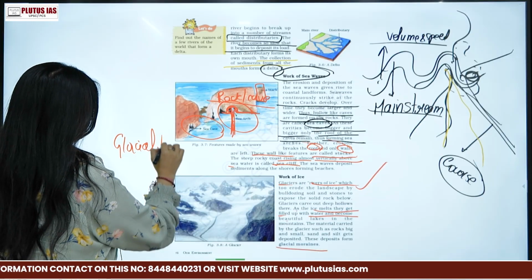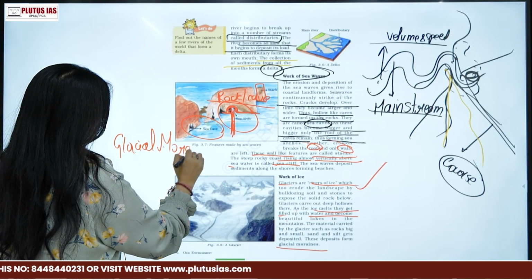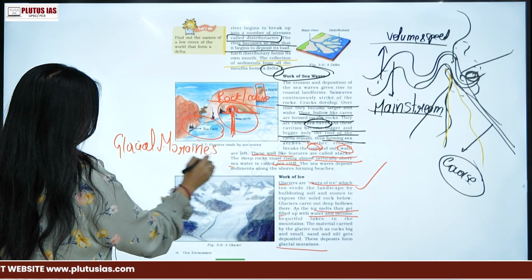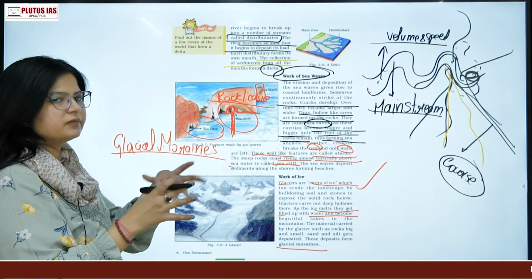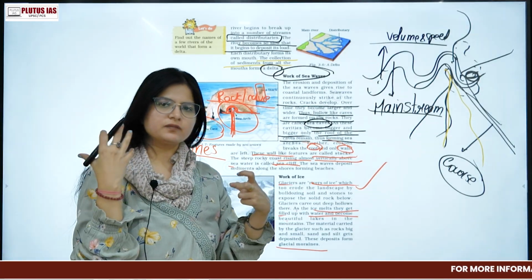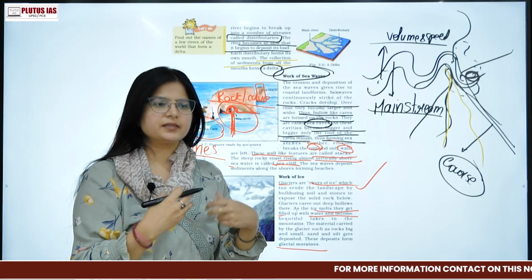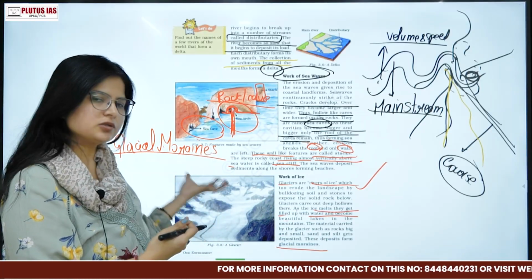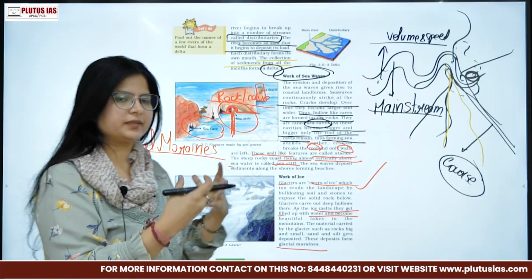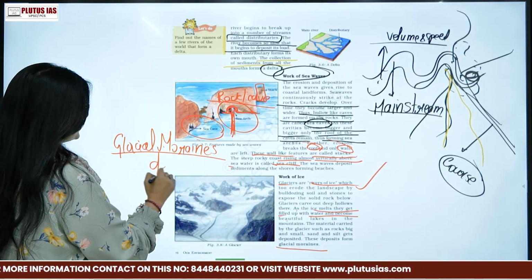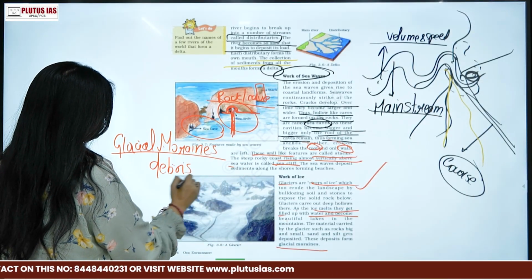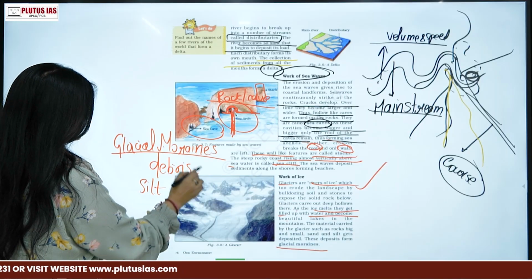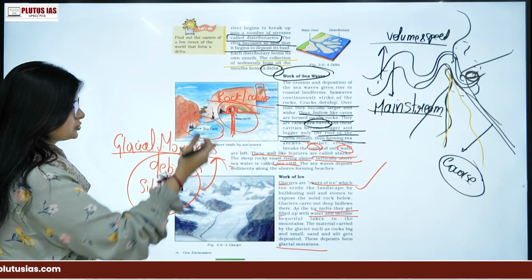You don't have to worry about these heavy terms. You need to just simplify all of these. What are the moraines? Simply, how the river is taking a lot of siltation along with them, right? And they are depositing. Similarly, glaciers also take a lot of silt, debris along with them. And then when the debris and other particles, silt, etc. are being taken, so this is known as glacial moraines.